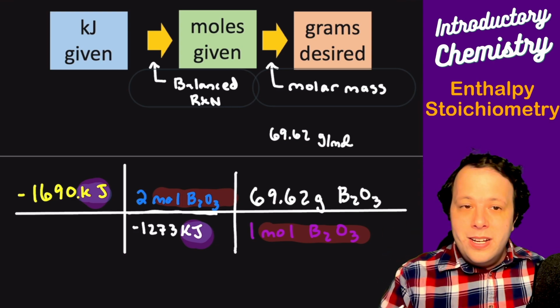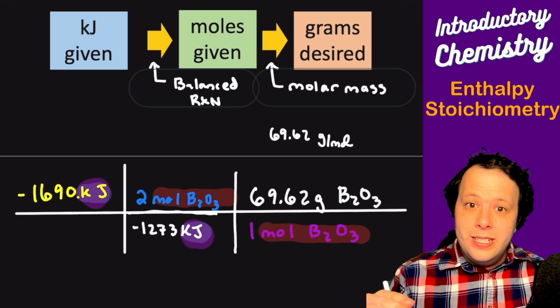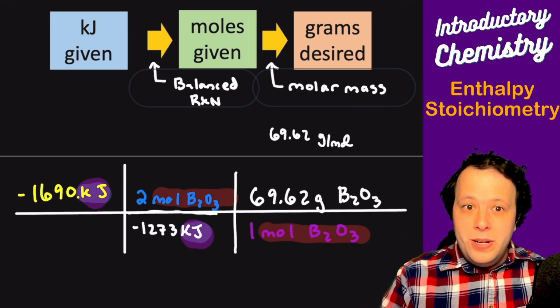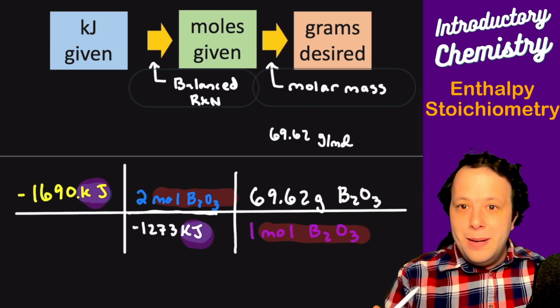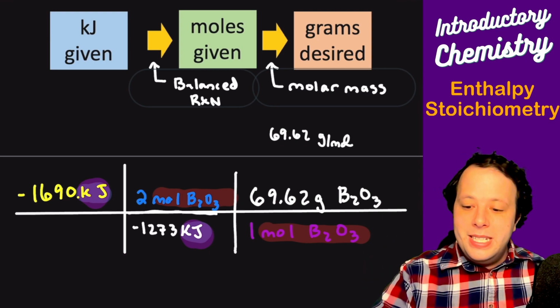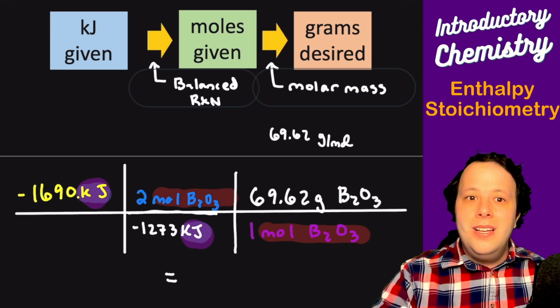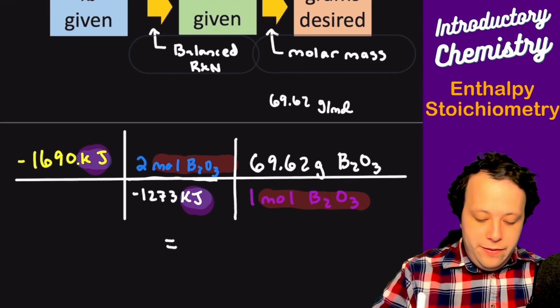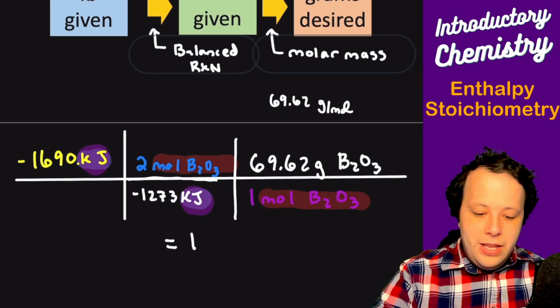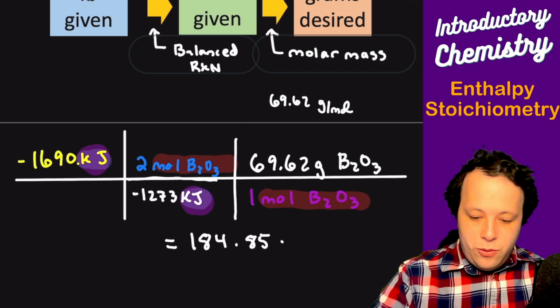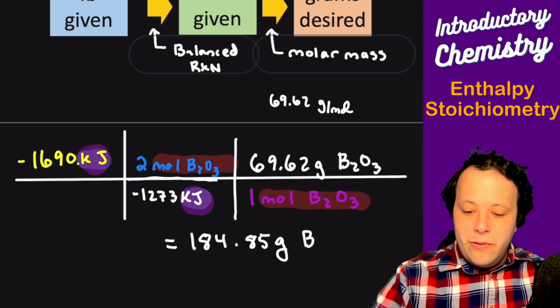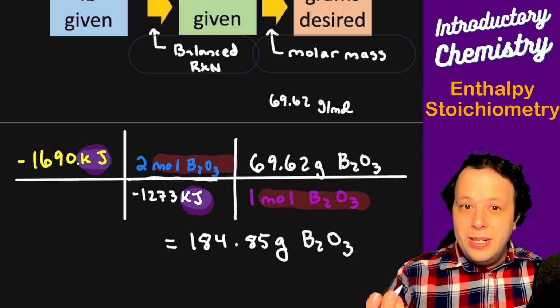So when we are solving this, we're going to multiply everything on top and then divide by what's on the bottom. So we'll take negative 1,690 times 2, times 69.62, and then divide by negative 1273. And what you'll get is 184.85 grams of B2O3, but we need to round it to the correct number of sig figs.